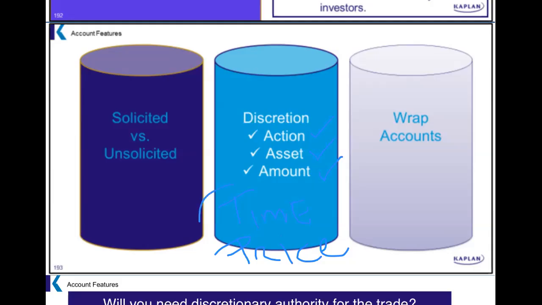Time and price are called trading authority, so they don't count as discretion. But if you're going to ask me to make a decision on behalf of the action, asset, or the amount in the transaction, then I would have to hold what we call a discretionary authority over your account. This is a type of LPOA, limited power of attorney.